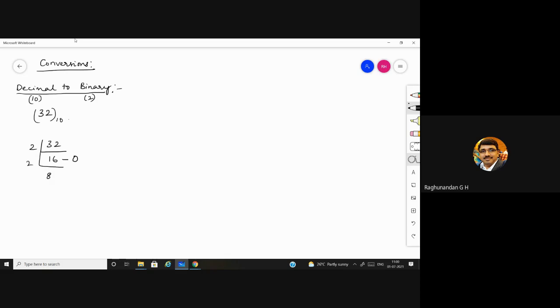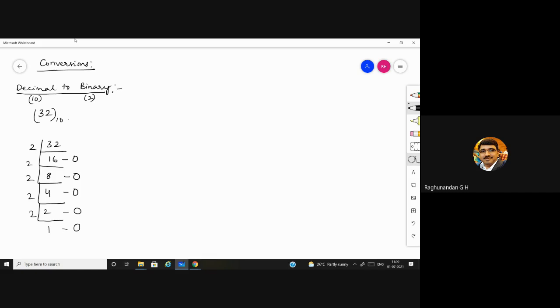Again 2 8s are 16, remainder is 0. 2 4s are 8, remainder is 0. 2 2s are 4, remainder is 0. Again this can be divided. 2 1s are 2, remainder is 0. You cannot divide 1 again. So that's why this is the least point we are having.